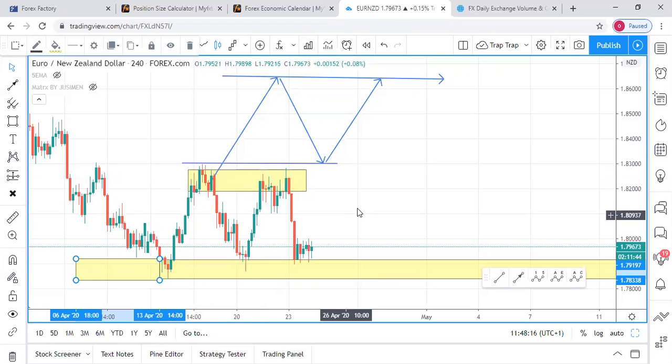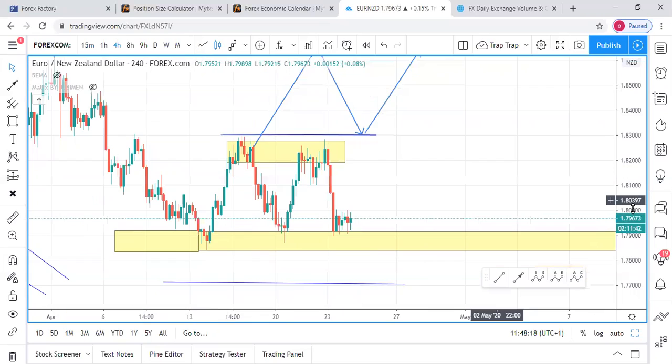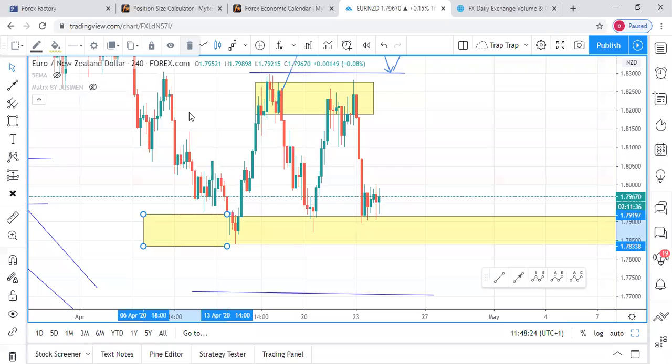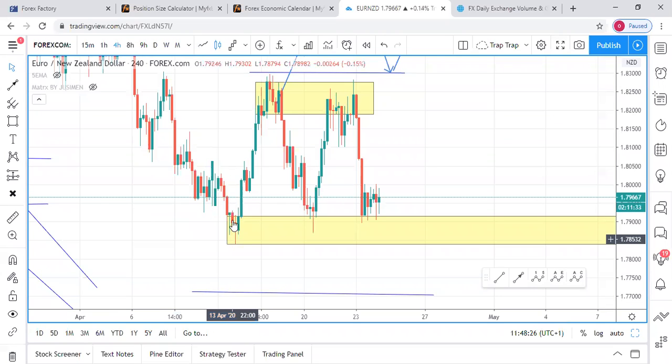Now, let me introduce the new terms. This bearish candle that was responsible for the push up is called a bullish block.